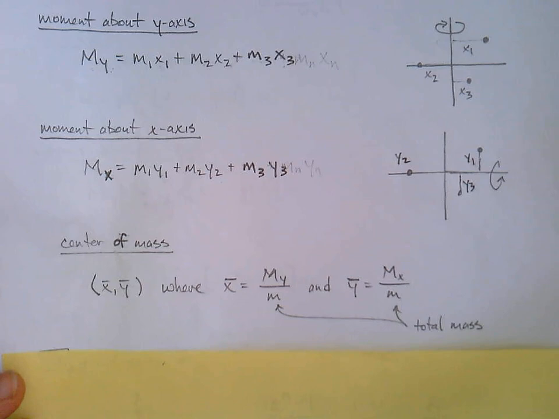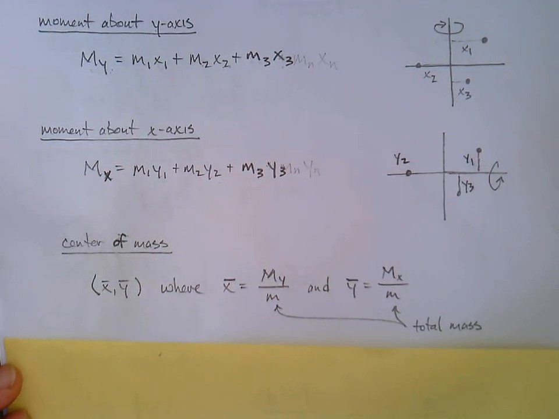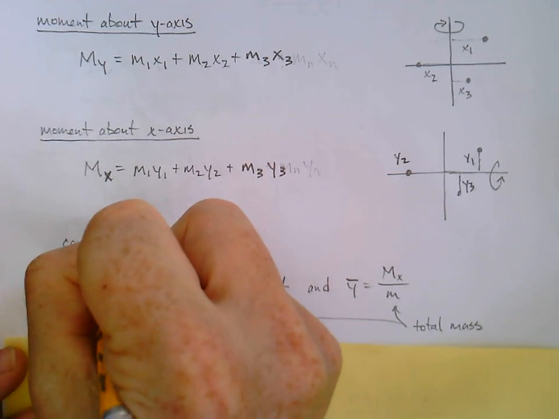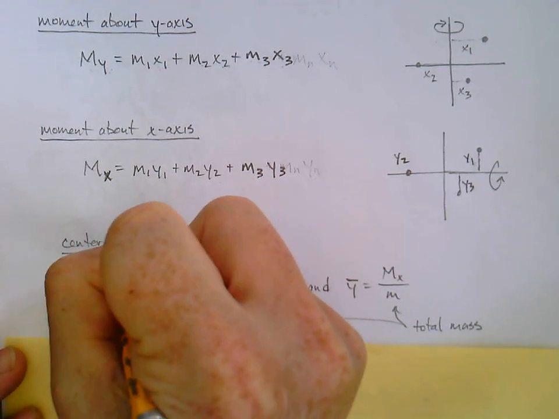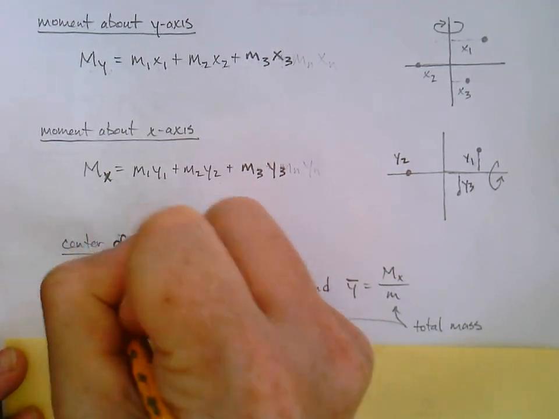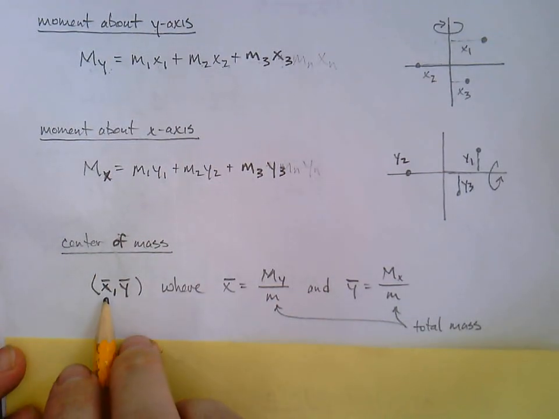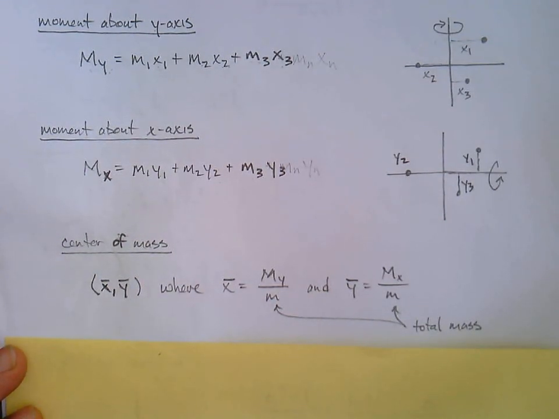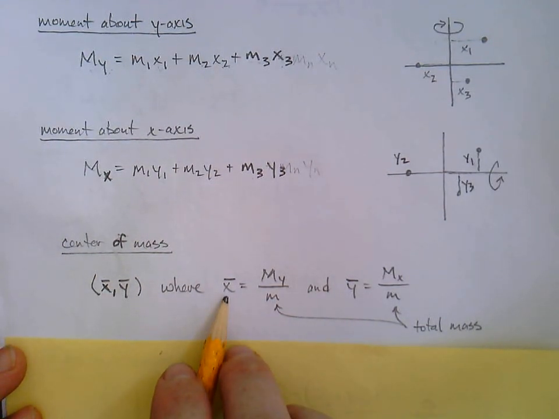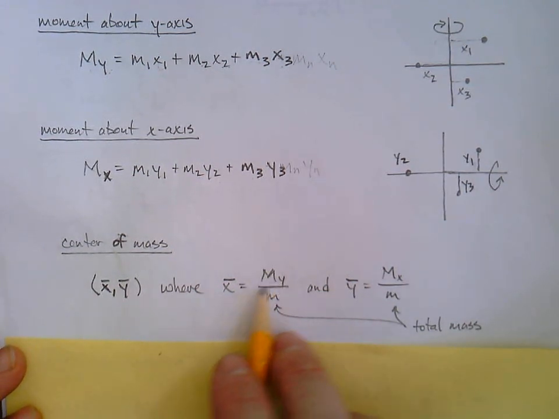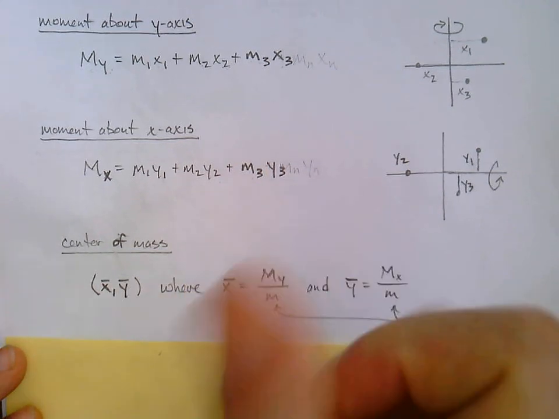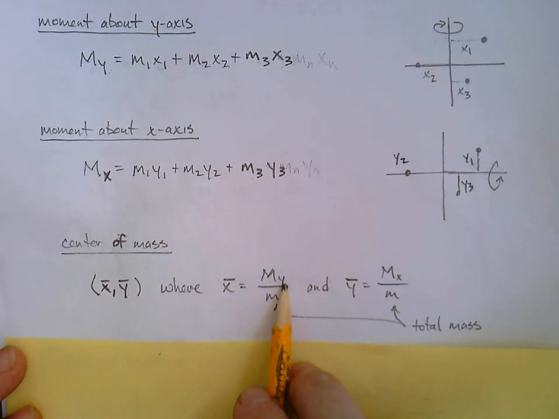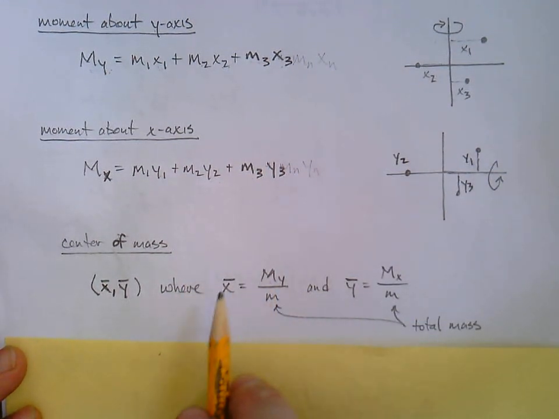Once you have those moments figured out, those values, then how do you get the center of mass? Okay, so we're going to call the center of mass the ordered pair x bar, y bar, where x bar is m sub y over m. Again, this seems to be backwards. x bar uses m sub y, but that's because we're thinking it's horizontal rotation.